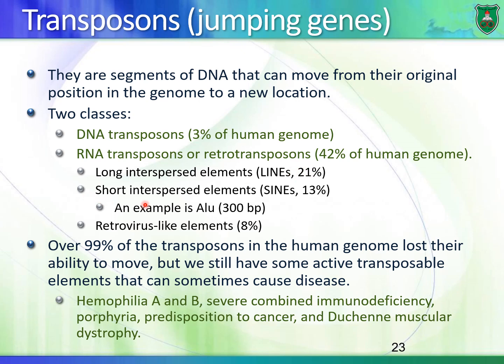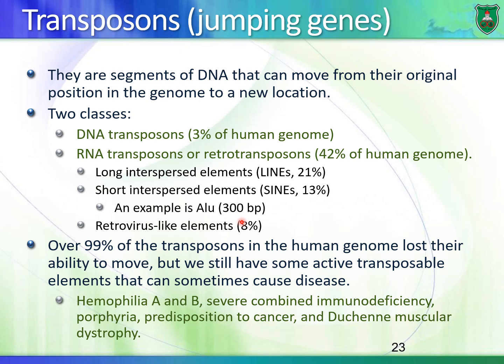Then we have short interspersed elements or SINEs, and they make up about 13% of our genome. A great example of SINEs is the Alu sequence, known as Alu because it can be cut by a restriction endonuclease known as Alu. The size of Alu is about 300 base pairs, and it's the most common SINE in our genome.